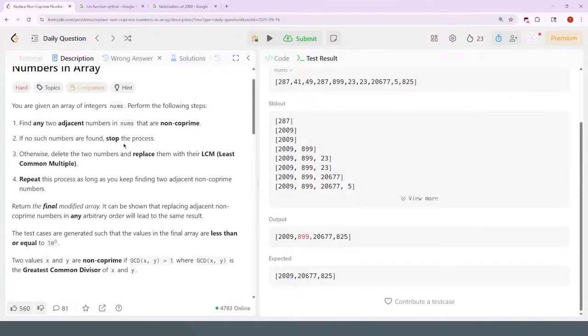Non-coprime numbers: 23, 23, replace with 23. Oh, I see. I can replace 2009 with 899.